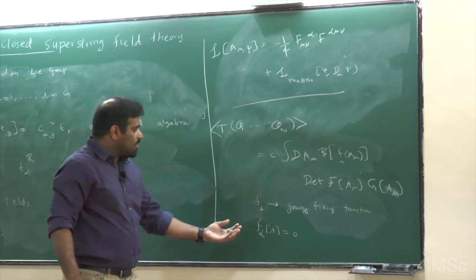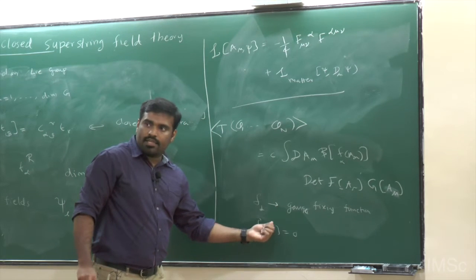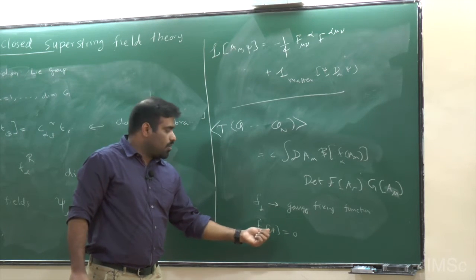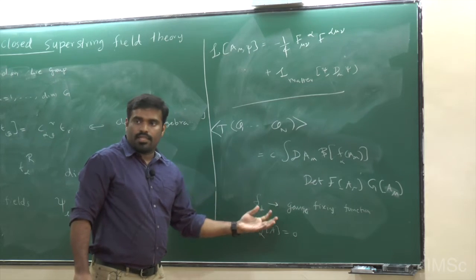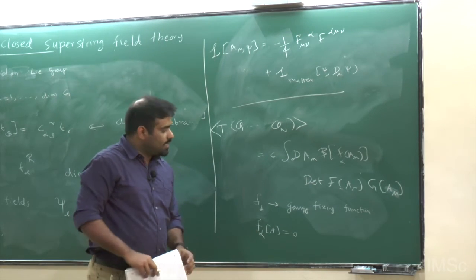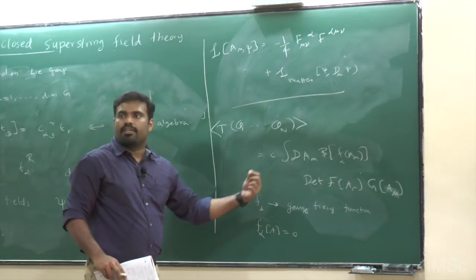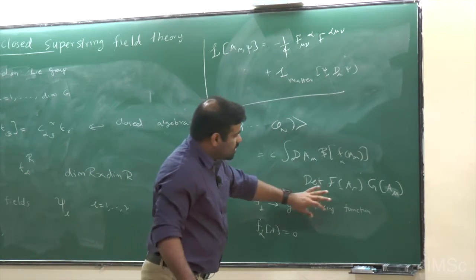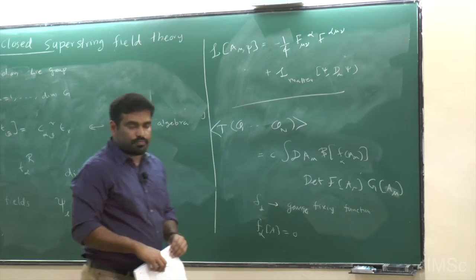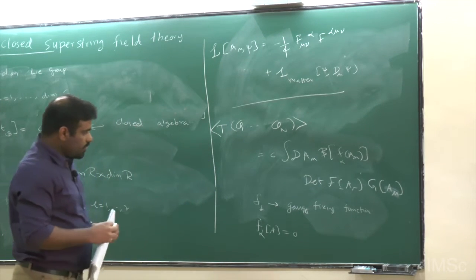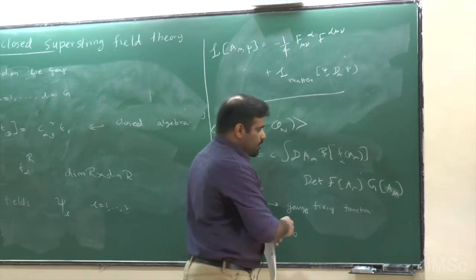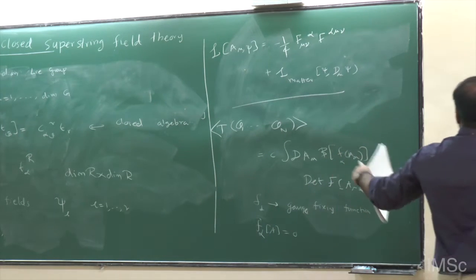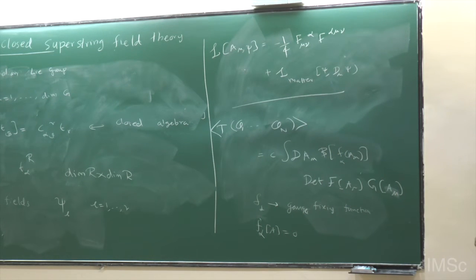You can start with A and then do a gauge transformation and get into a configuration A prime, and then you can compute the Jacobian corresponding to that infinitesimal gauge transformation, and that's what this piece means. And b of f means a product of delta functions.